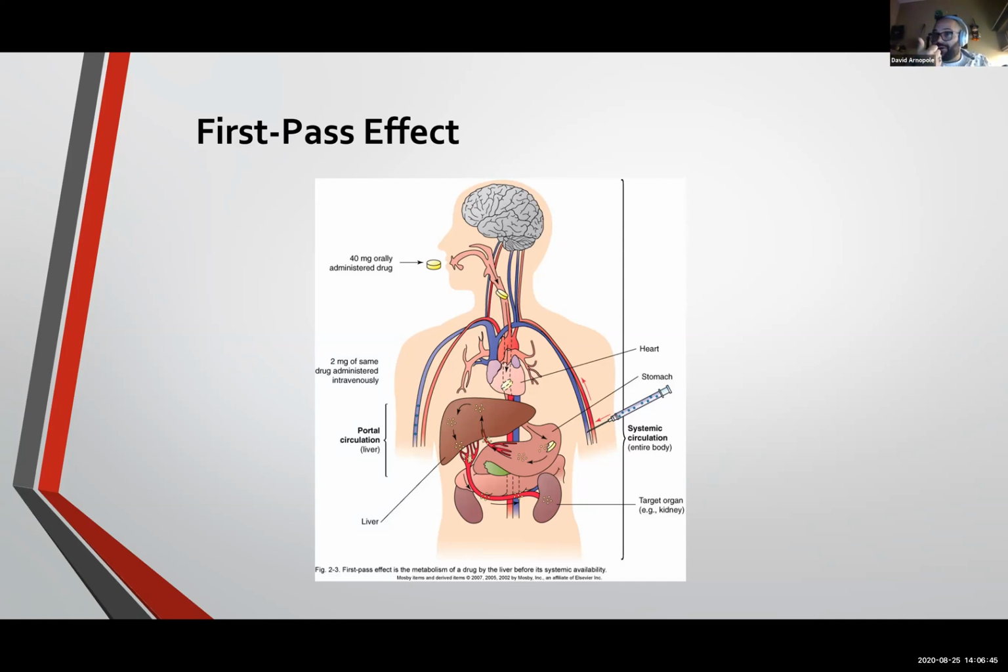I can give a PO Lasix and I can give an IV Lasix. Which one's going to make you pee faster based on this? IV. Absolutely. Start thinking this way. That should make sense to you based on what I just told you. If I give you something IV, it works faster. It doesn't have to go through anything. It just starts working on the tissue.